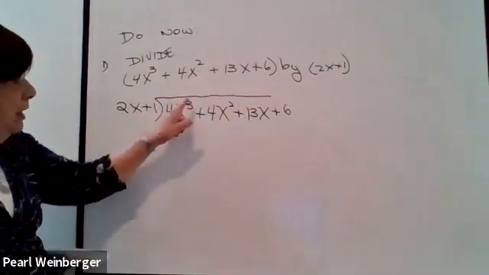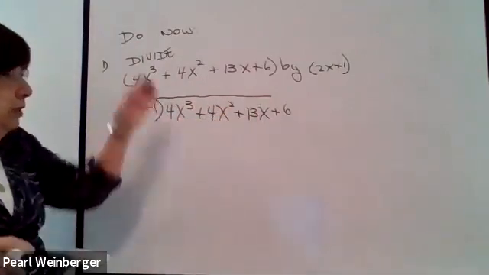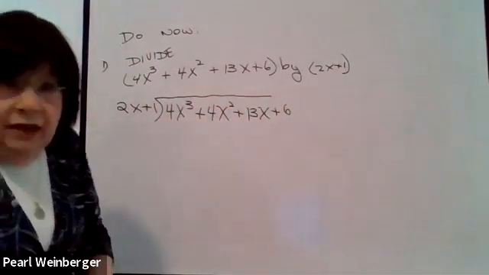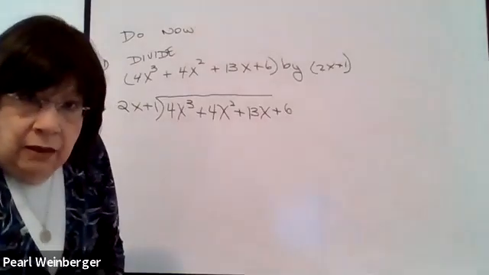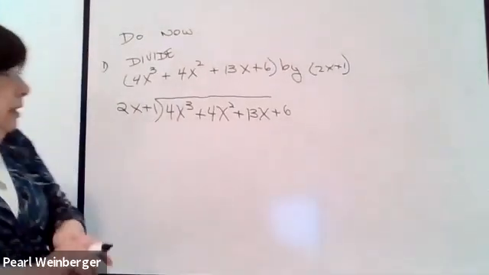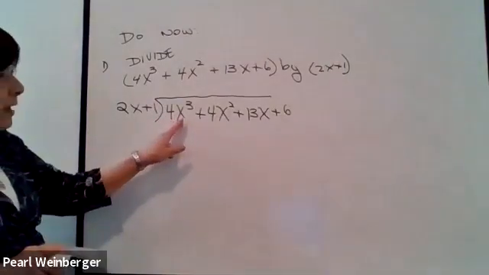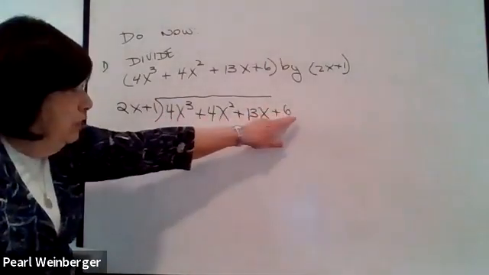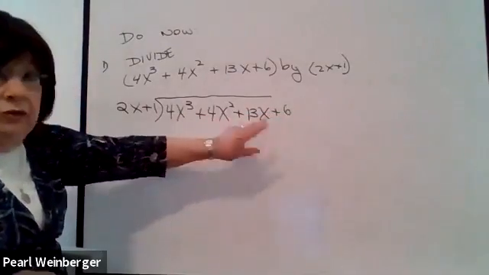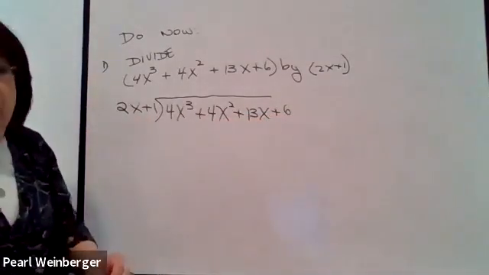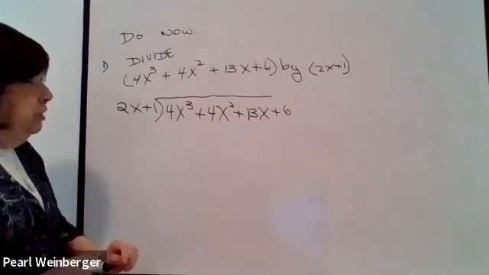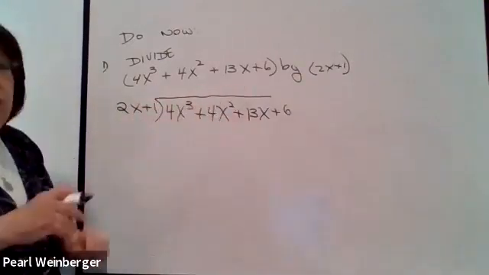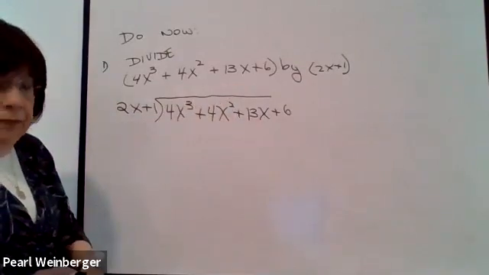We have a 3, a 2, a 1 exponent, then no x. And if any term would be missing, like if I started with an x cubed, and the next thing I see is an x squared, and then a number with no x term, I have to put a 0x for it so that every single term is accounted for.